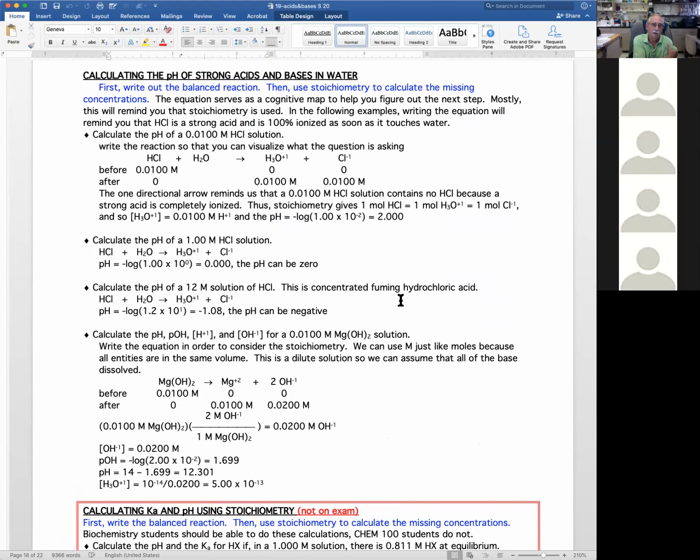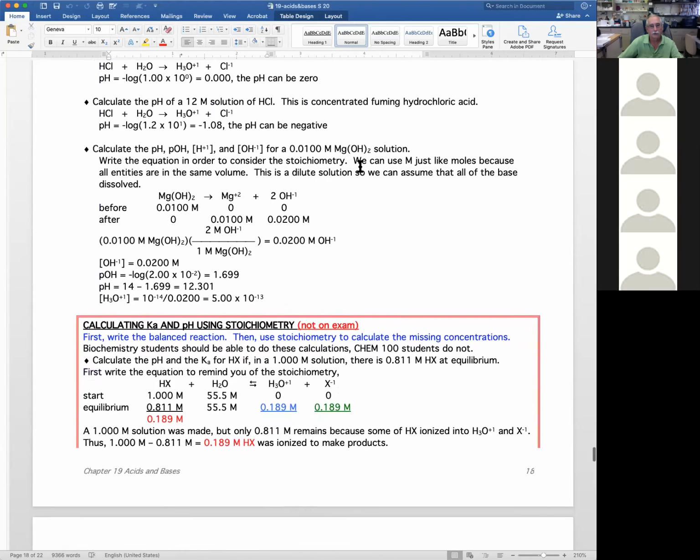And here, just calculating the pH. If you take a strong acid and put it in water, or you put a strong base in water, you're assuming it is 100% ionized, 100% dissolved. So for every molecule of strong acid you put in there, you make a molecule of hydronium ion.